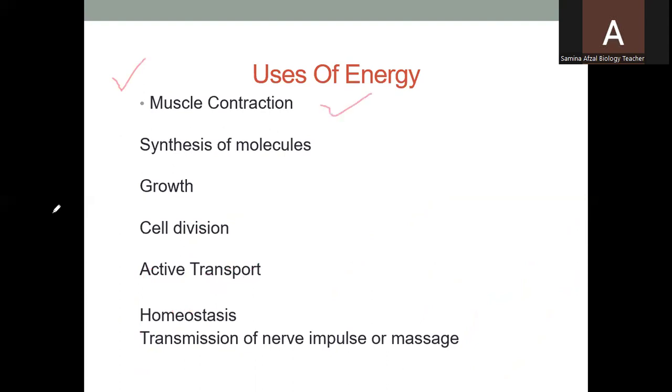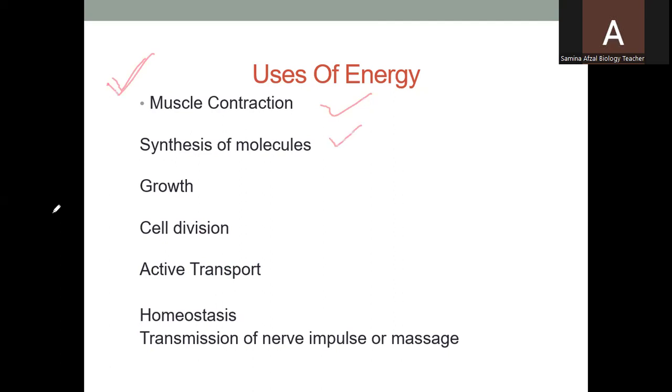For example, if we move from one place to another, or if we want to pick up any object, at that time energy is needed. So for muscle contractions or for reflex action, energy is needed. The energy produced as a result of respiration is used in muscular contractions and movement.